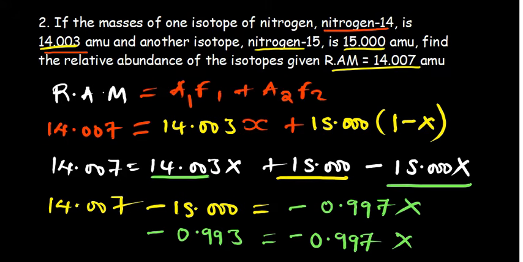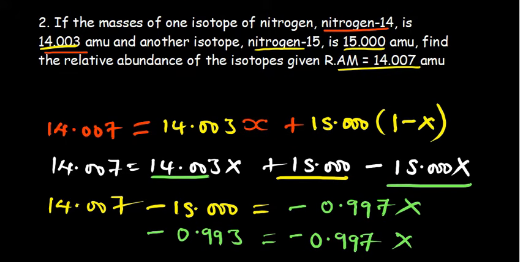So the value of x that I'm getting is equal to 0.996. So that's the value of my x that I'm getting.